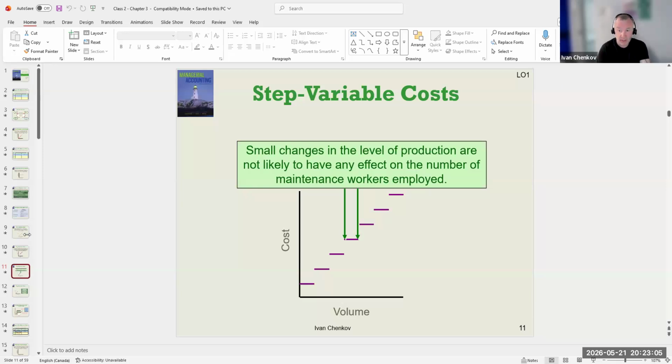But if the change is bigger, let's say 10 more customers coming and we need to service 10 more rooms, then we have to hire another person, who is still going to be paid based on hours. So if we want more, we can give him more hours. If we want less, we give him less hours. But we have another person available.